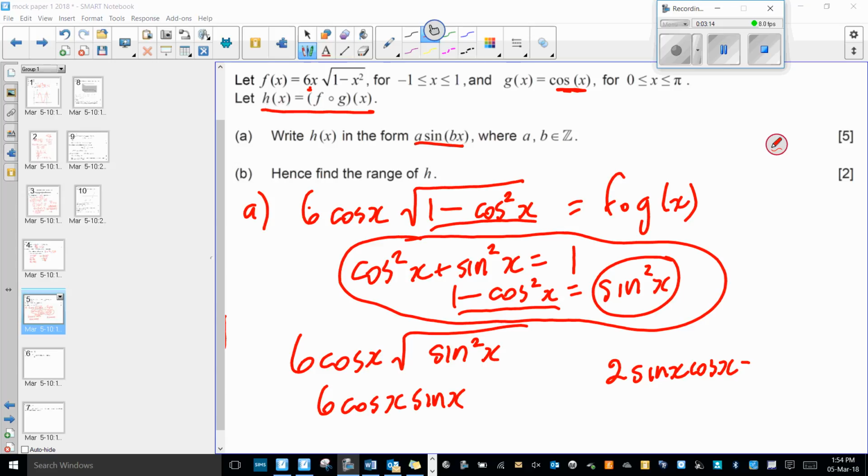Sine 2x. Yeah. Okay, so again, this is from the formula booklet.